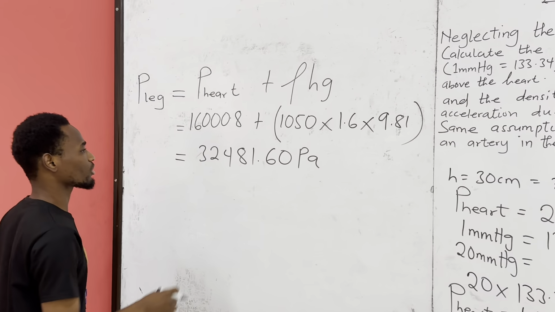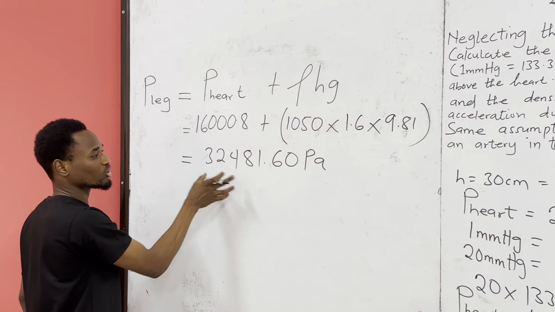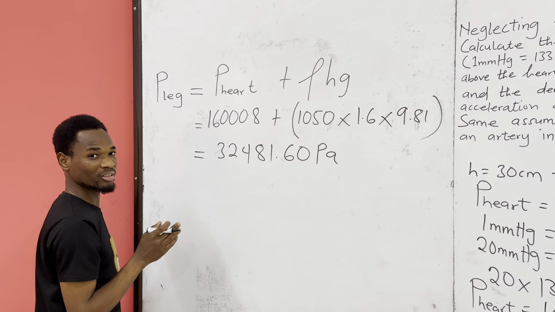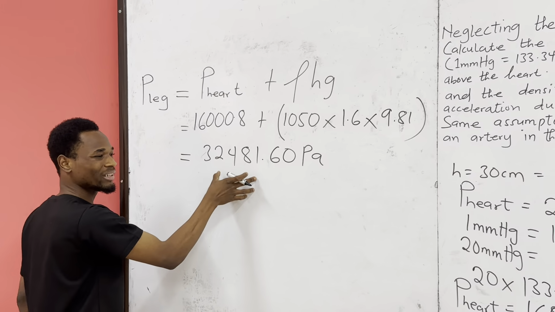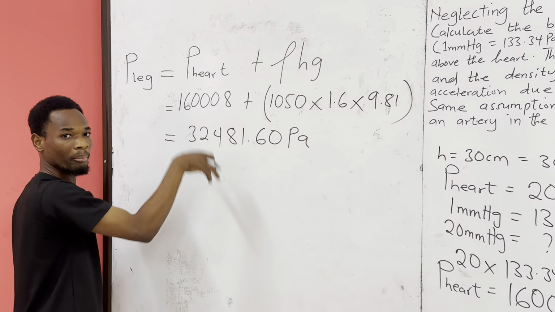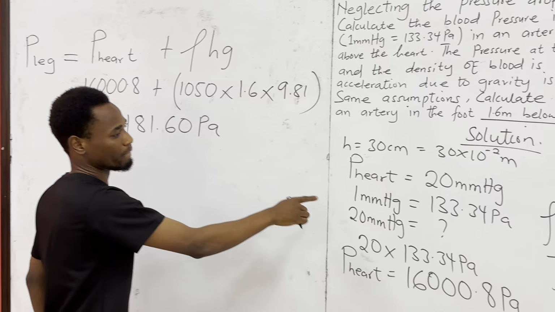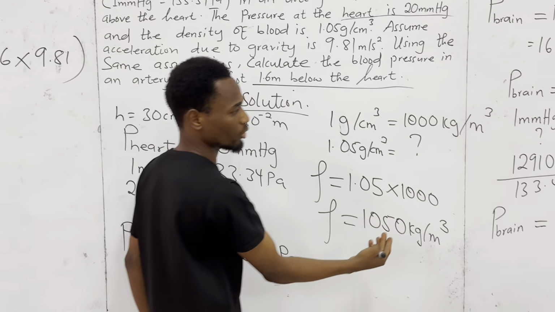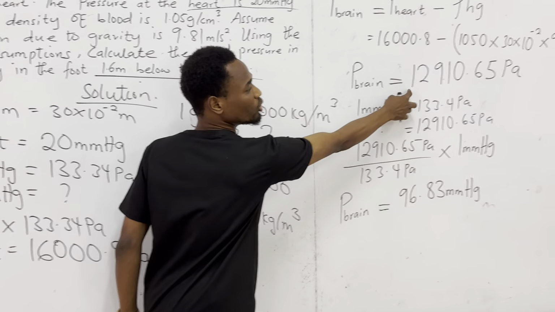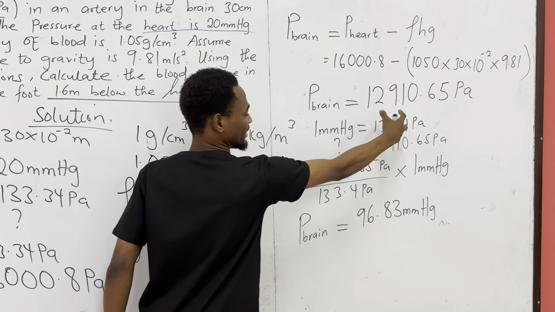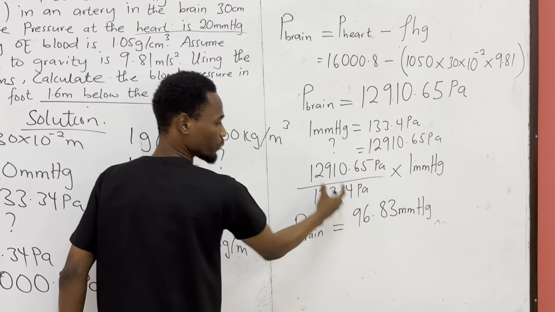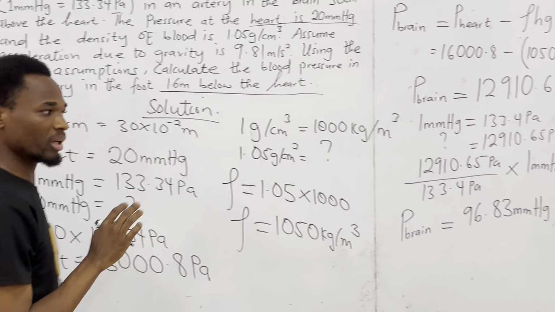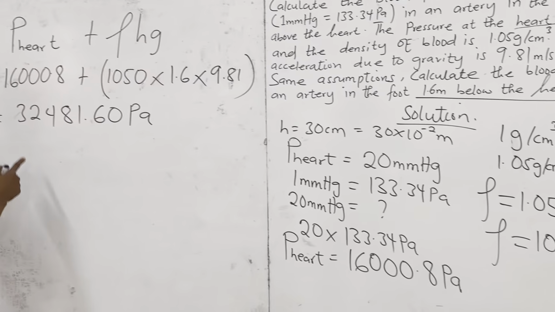Alright? Note that we are supposed to change this to millimeters of mercury. So I will simply divide this by this to convert it. You can use proportion as we did over here. We just divided this over this to change it to millimeters of mercury.